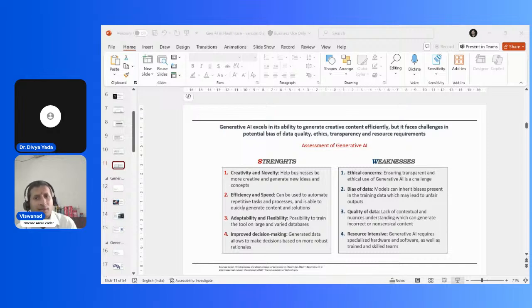Obviously, there are a lot of ethical concerns in ensuring transparent and ethical use of Gen AI. It's a challenge, and then bias comes into the component, because these models are trained based on the specific set of instructions that you give. So it's garbage in, garbage out. Once it gets something wrong, it goes down the rabbit hole. Those are the biggest weaknesses. Then quality of data, because we are operating with limited data, right?